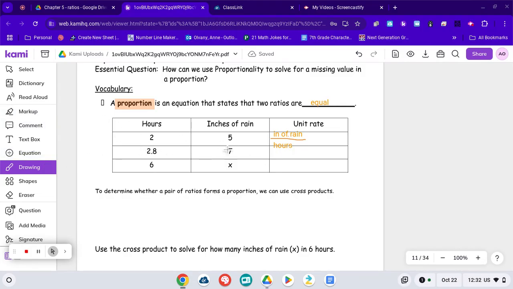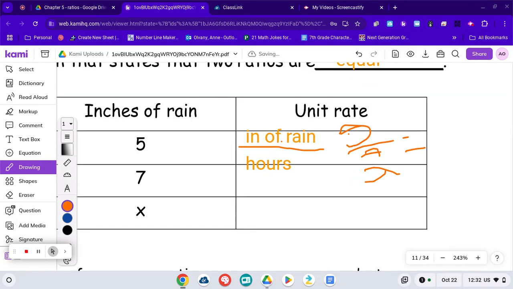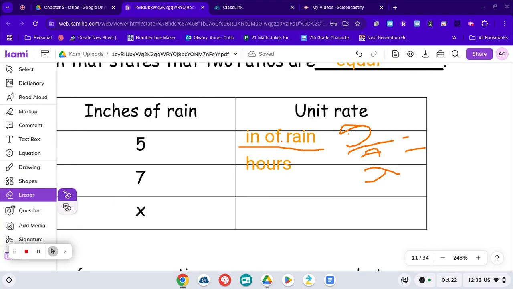So here we're going to take this and we're going to say, okay, if 5 inches fell in 2 hours, I'm writing this really big and it's super messy. It's a little tip for you when you get to 8th grade math.